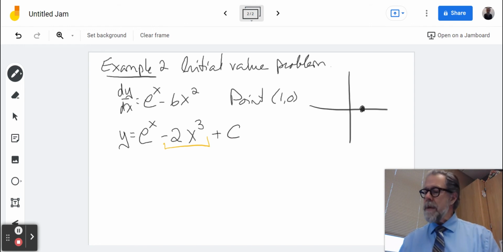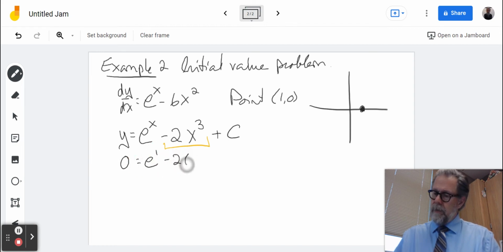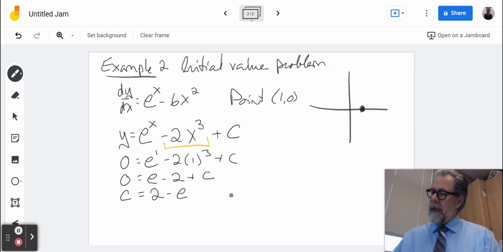Now, because this goes through the point (1, 0), I can substitute. And what I see is that I've got e minus 2 plus c, which means that my constant is 2 minus e, which means that whatever this function looks like, I have absolutely no idea, but it goes through that point right there.